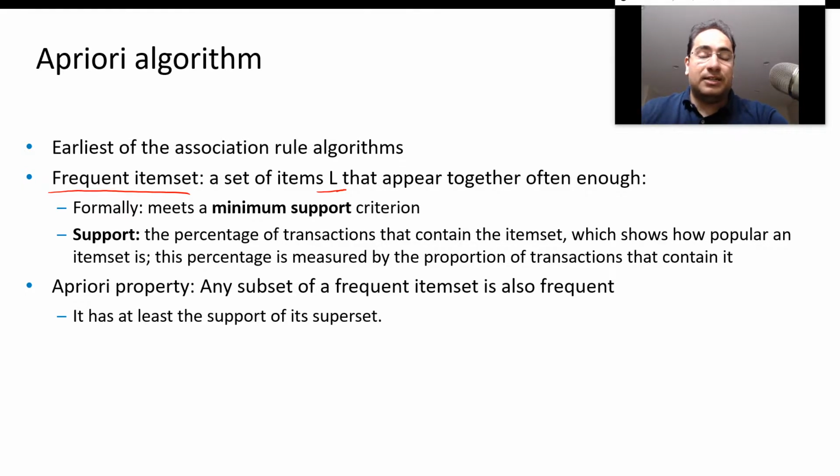So we have these item sets, but in order to be frequent item sets, they should have occurred at least a number of times. Support is defined as the percentage of transactions, of the whole total transactions, that contain the item set. This shows how popular an item is, or how popular two groups of items are.